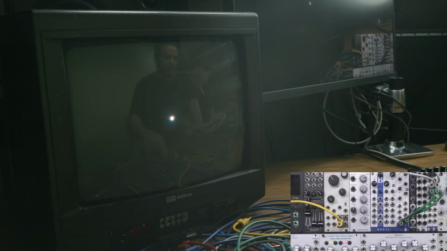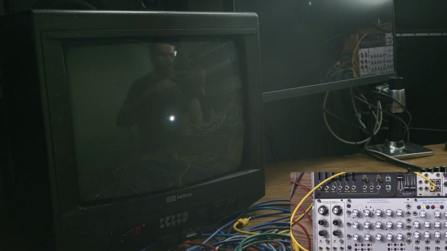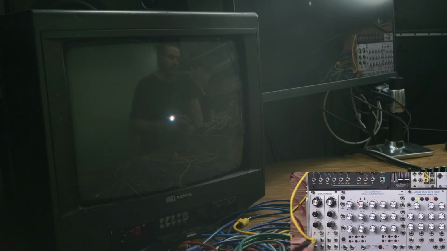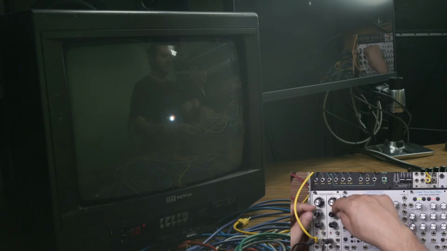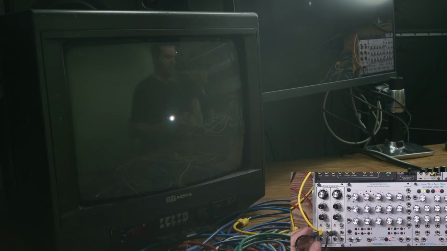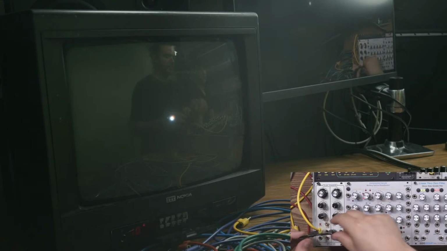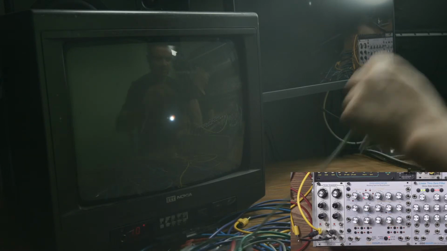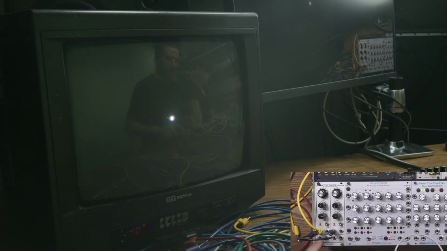I'm going to patch it into both inputs, so now I have the same sine wave going into two phasers that basically just change the phase relationship of the two sine waves, which must be identical since it's just multiplied. Now I'm going to come out from the output of this phaser and patch it into the VCA.